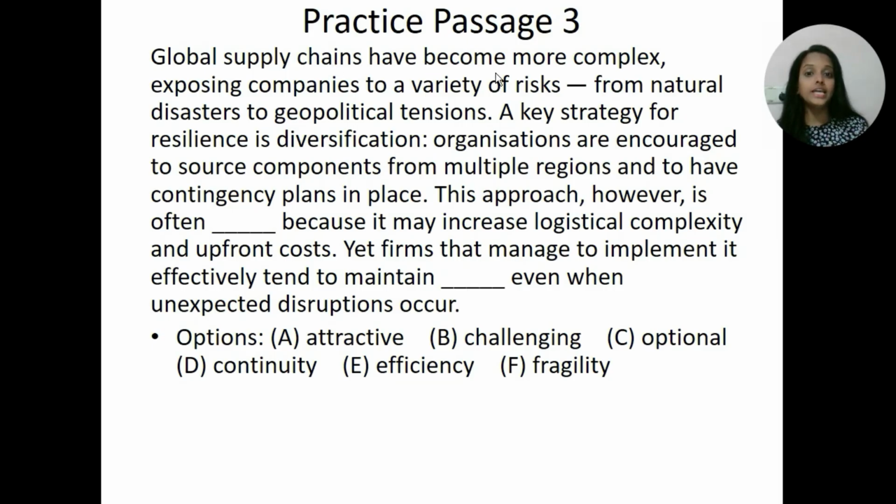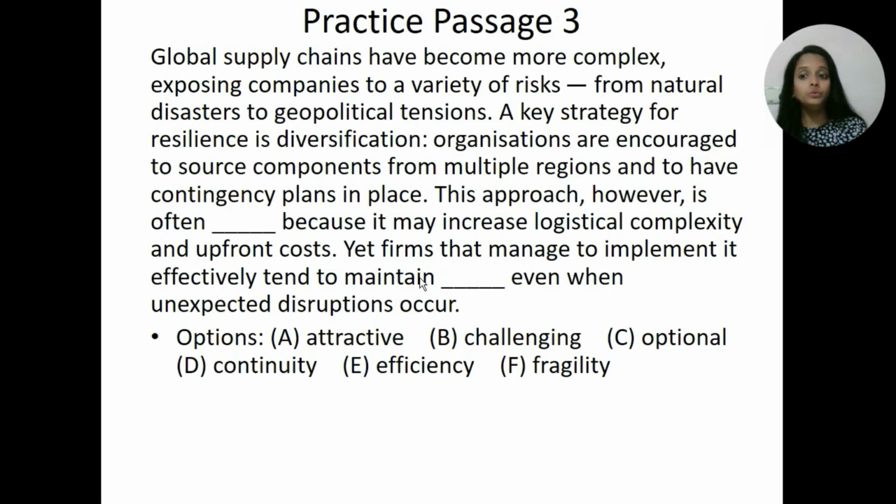Global supply chains have become more complex, exposing companies to a variety of risks, from natural disasters to geopolitical tensions. A key strategy for resilience is diversification. Organizations are encouraged to source components from multiple regions and to have contingency plans in place.